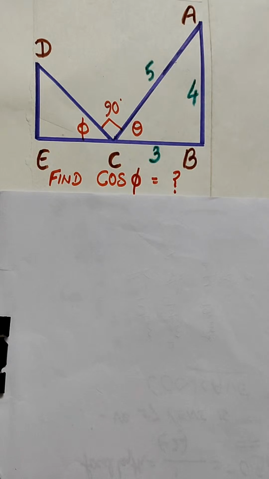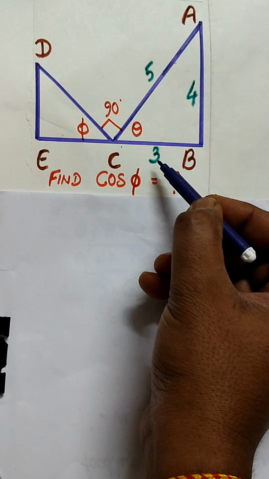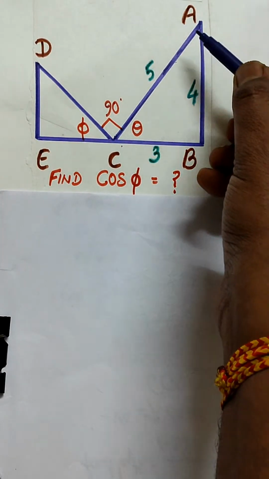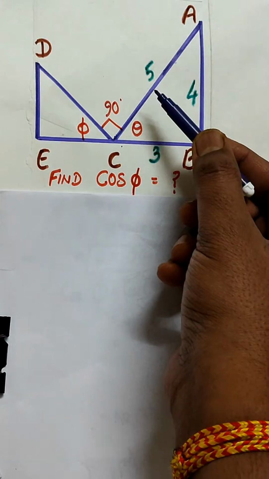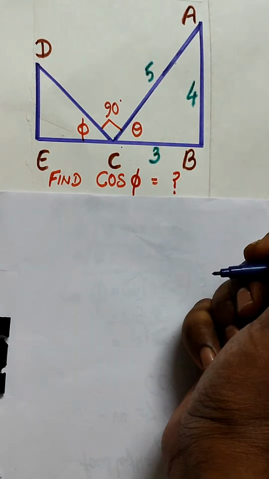It's also given that the length of BC is 3, the length of AB is 4, and the length of AC is 5. So these lengths are given to you.